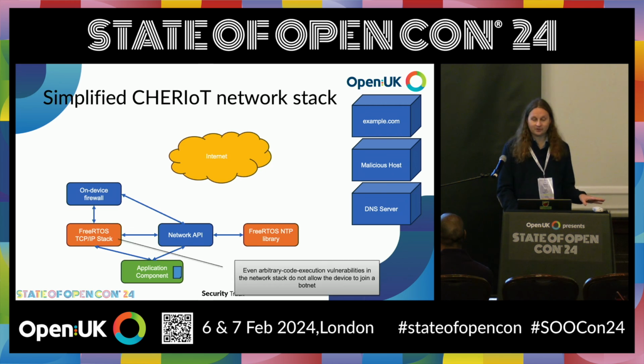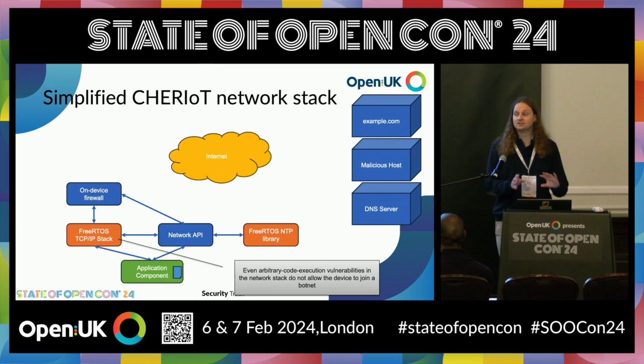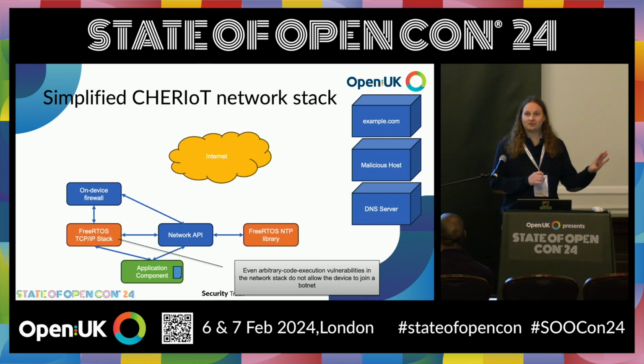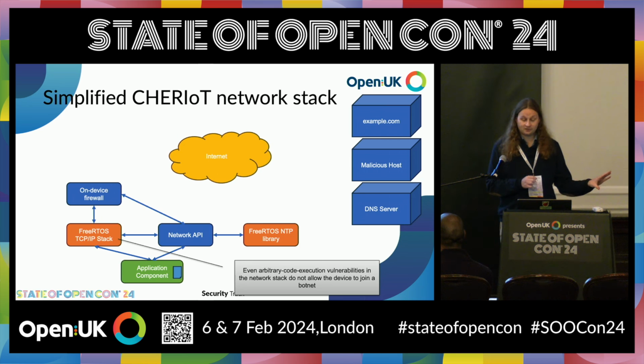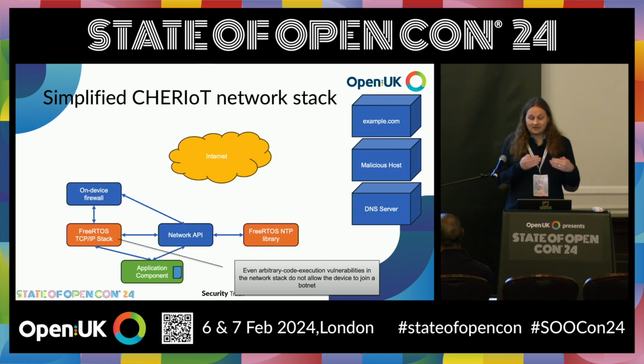If we assume that the FreeRTOS network stack has been completely compromised, and that's really hard because we break a lot of the primitives that you need for that kind of exploit, but it's a good rule of thumb for security to always assume that anything can be compromised. So ignoring all of the things we've done to make it very hard to compromise the system, if that is compromised, it still can't make arbitrary outbound connections.